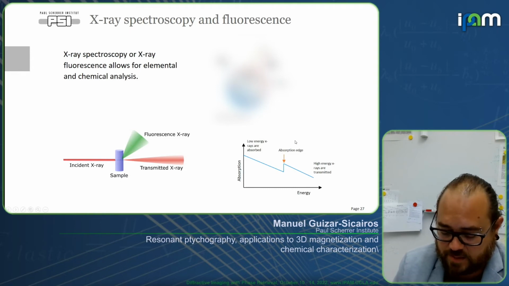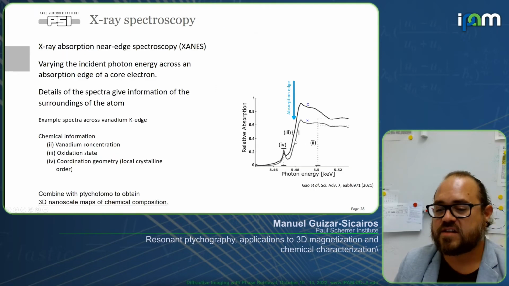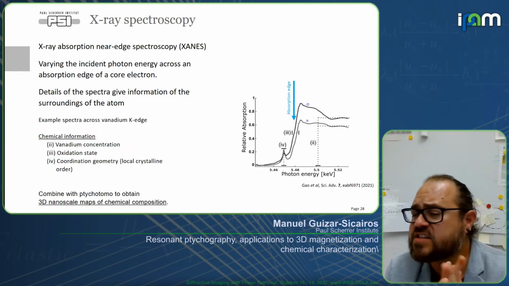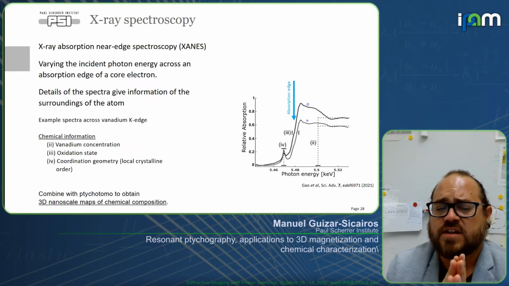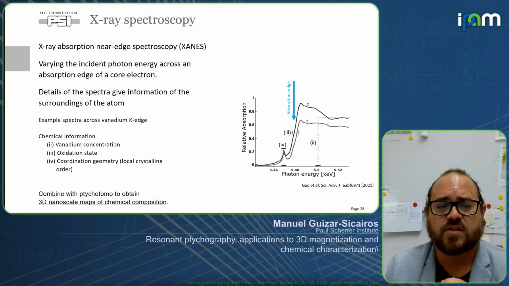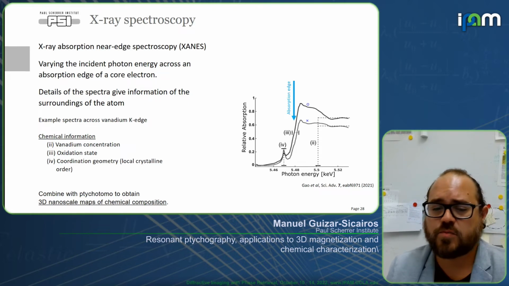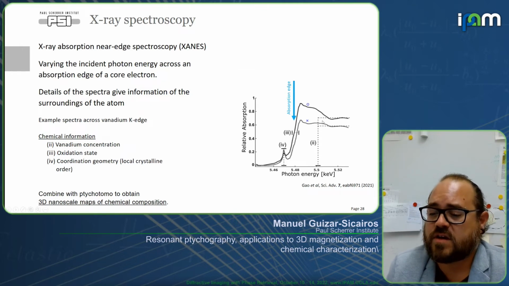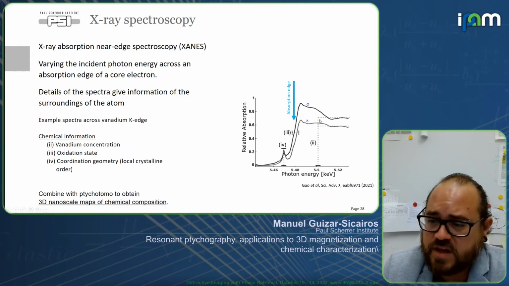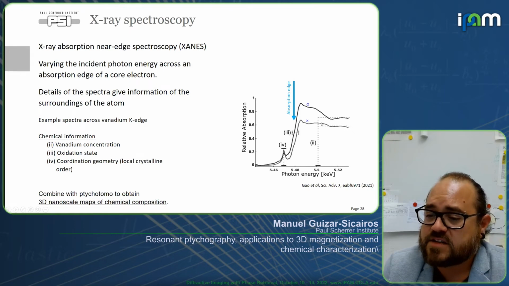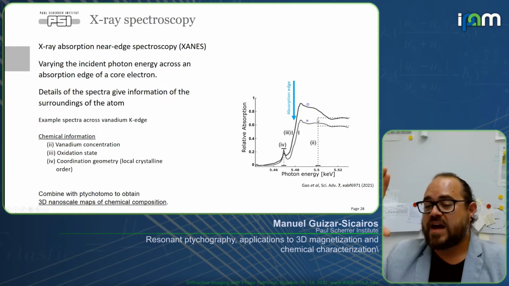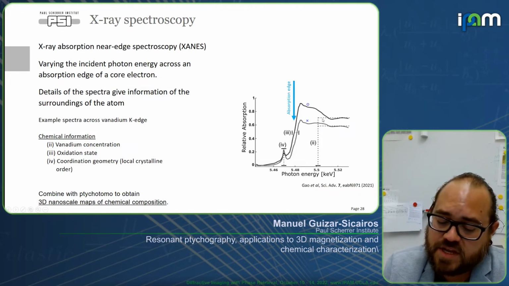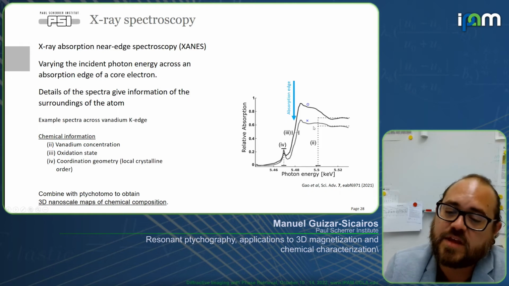But now this absorption edge is quite more interesting than just a boring step function. It contains quite a lot of structure, and this is the basis of this technique called XANES, or X-ray absorption near edge spectroscopy. So, for example, in the case of these two spectra of vanadium, the different height of this edge basically means different concentration of vanadium.